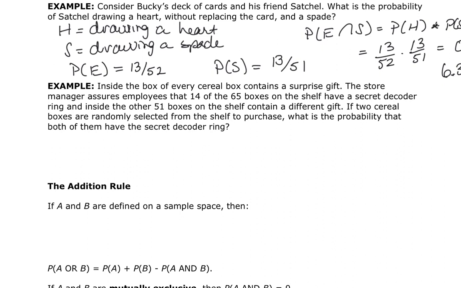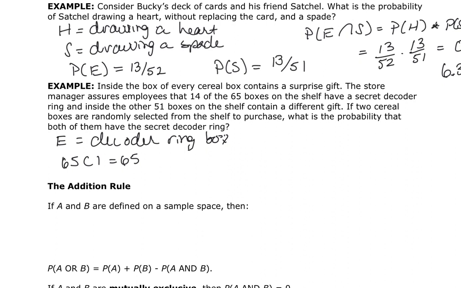Okay, so this one I'm going to do with combinations. If E1 equals the decoder ring box, and this is a combination, I have to figure out what my sample space is. In this case, it is 65 choose 1, which, if you use the formula above or your calculator, you're just going to get 65.